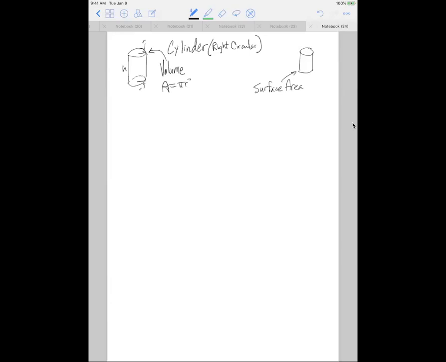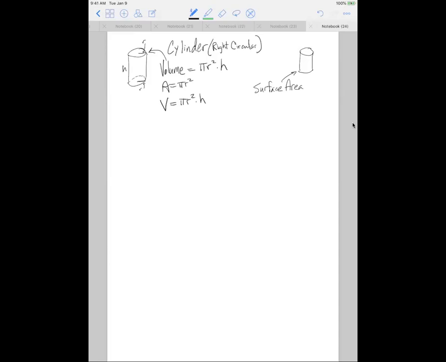So the volume of that cylinder is going to be the area of the base times the height. Let's write that down as a formula: V equals pi r squared times the height. And you notice that function is in terms of r and h.